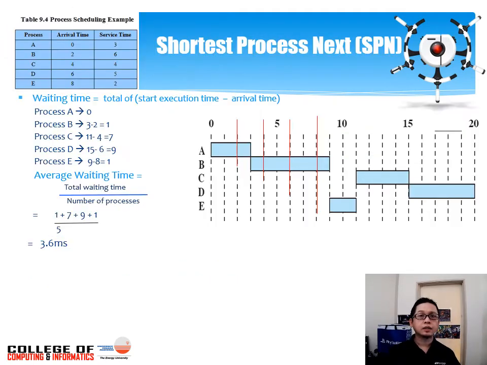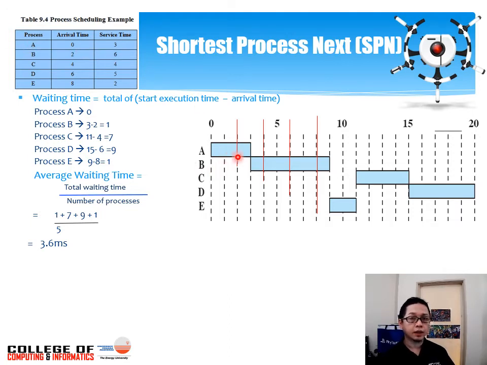So how does shortest process next work? Basically, let's say you have more than one process waiting. Okay, so in the first few rounds, there will be no difference from first come first serve because there are no competing processes. So A arrived at 0.